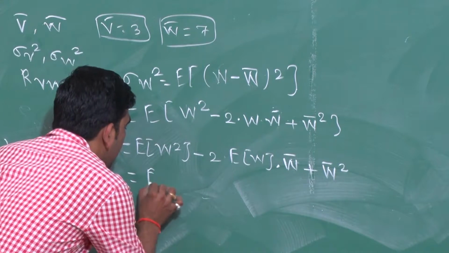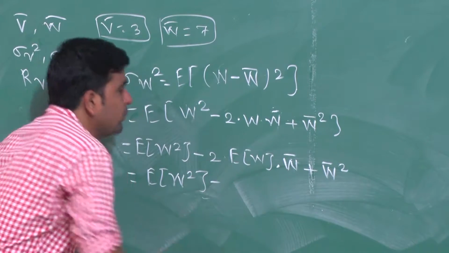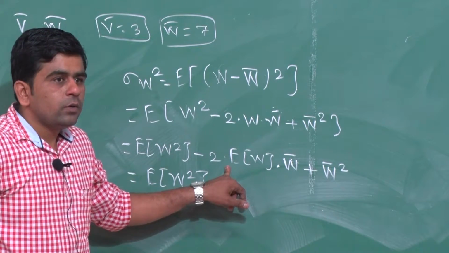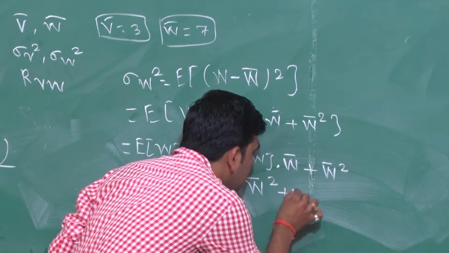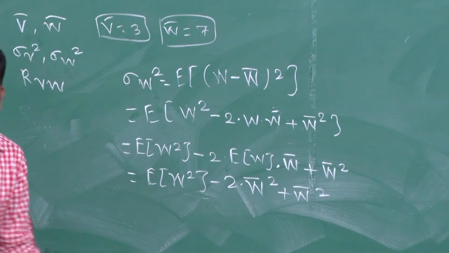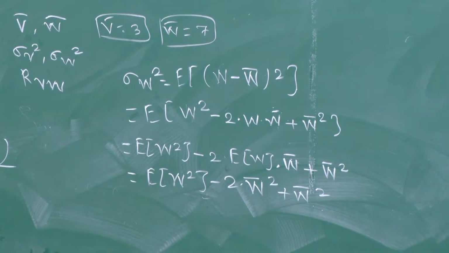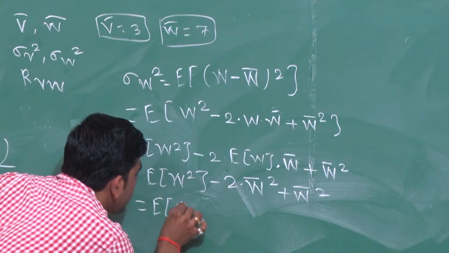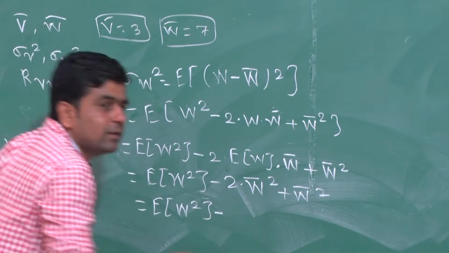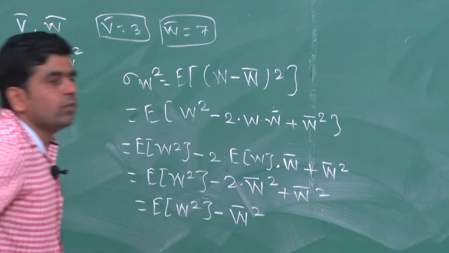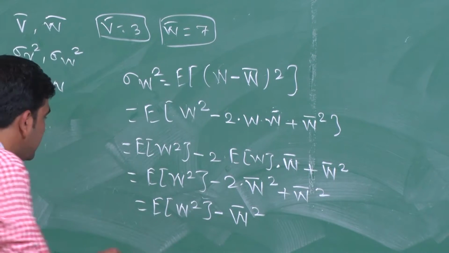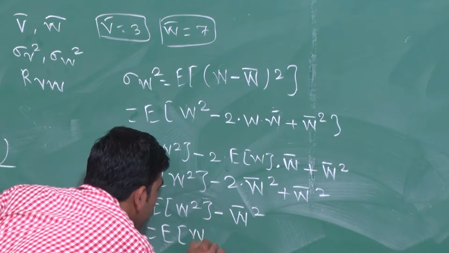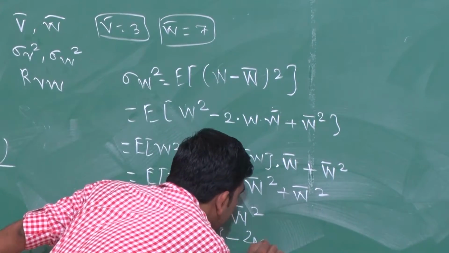Here we will get expected value of W square minus 2 W bar square plus W bar square. So we will get expected value of W square minus W bar square. Here W bar is nothing but the mean value of W, 7. Here we will get expected value of W square minus 49.